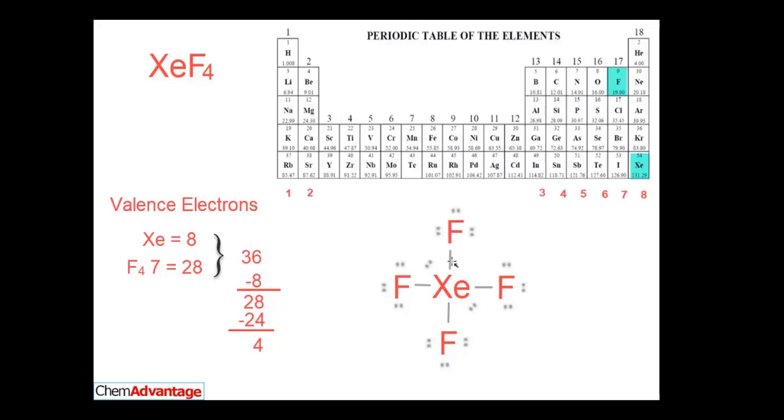So we have 2 types of electrons in our central atom here. We've got our shared pairs, shared between xenon and fluorine. We could have written them as just 2 electrons, but I like writing these bonds down. And, of course, we don't have any electrons left over. So this would be our Lewis dot structure for xenon tetrafluoride.